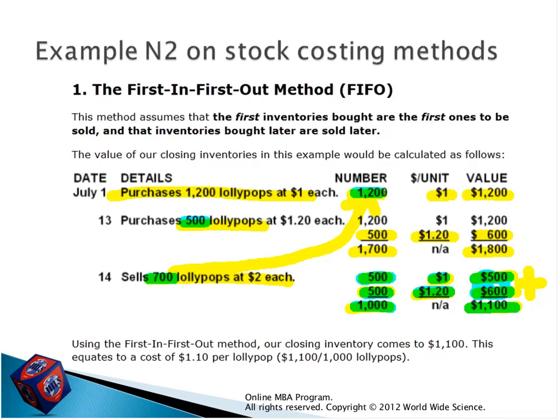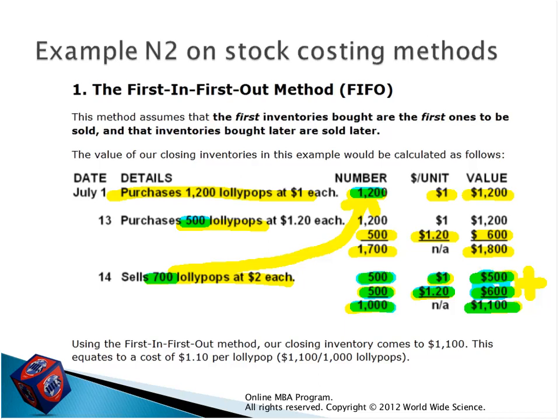So that's what it is. And the important thing here is to get the cost of the inventories left.